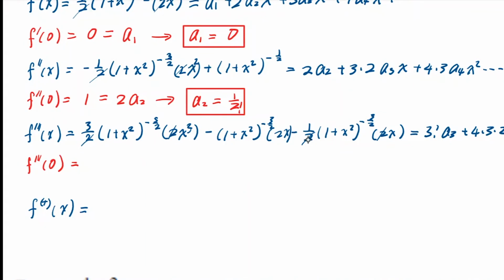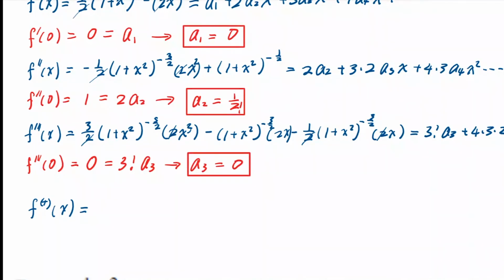And then we all have x, so this is 0 now, isn't it? And this is equal to 3 factorial. So that tells you a3 is equal to 0. Good. Now it fits the pattern.